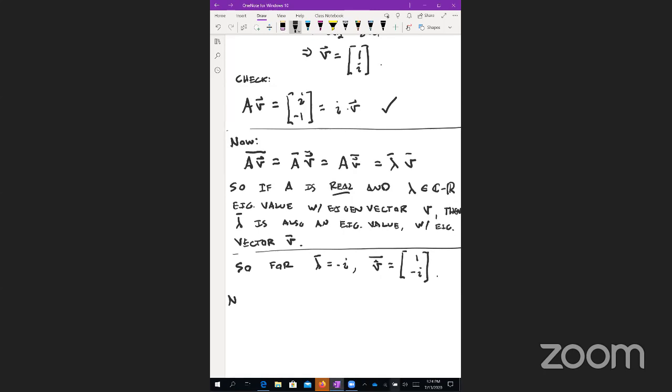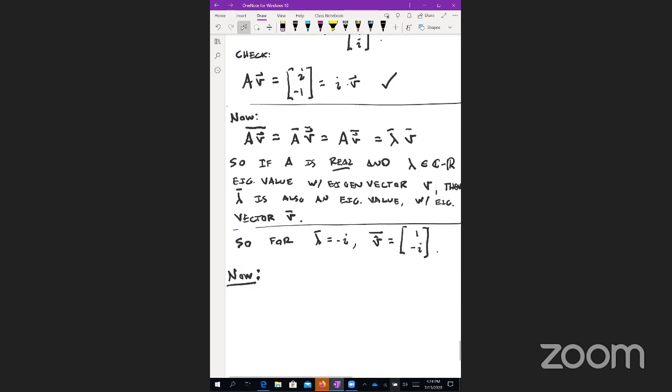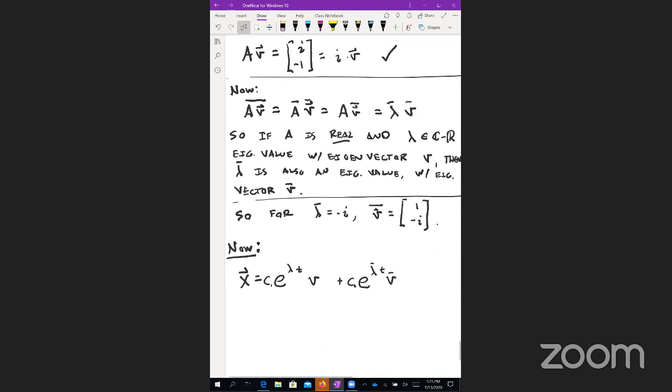Okay. So now what does this mean? Well, it means that we can literally write down our solution, right? So what is x going to be? It's going to be e to the lambda t times v plus e to the lambda bar t times v bar, and we want a C1 and C2, right?